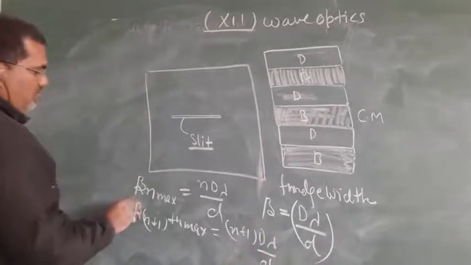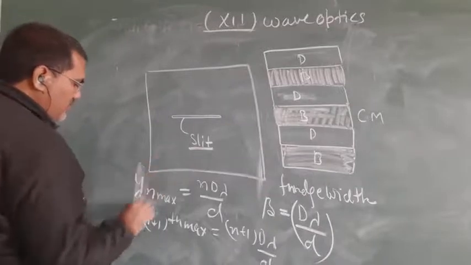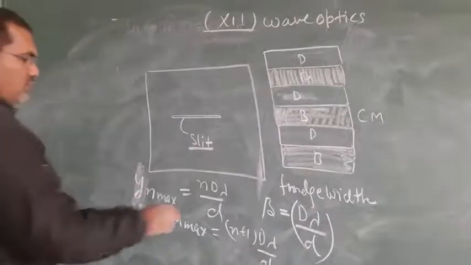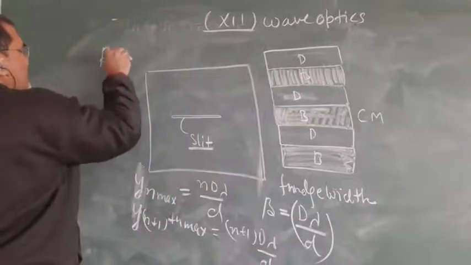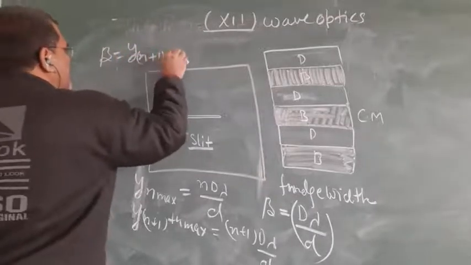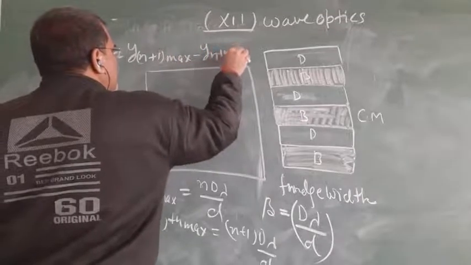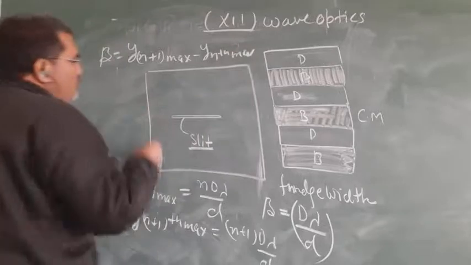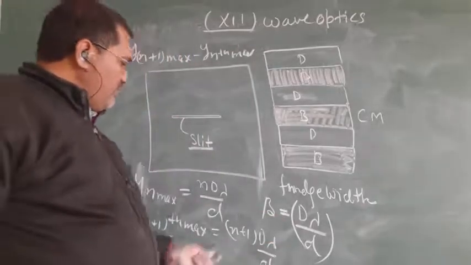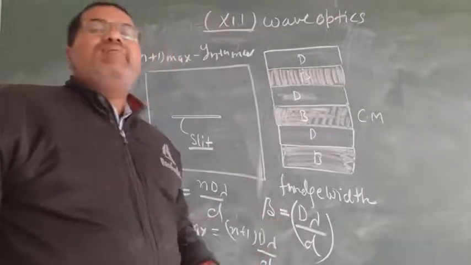So this is the position of each. Fringe width will be the position of n plus 1th maximum minus nth maximum. So you can get the answer, d lambda by d. Subtracting from this equation to this equation, definitely you will find d lambda by d.